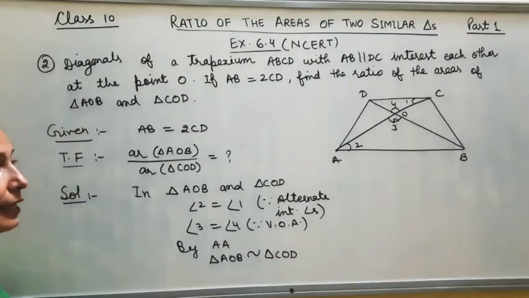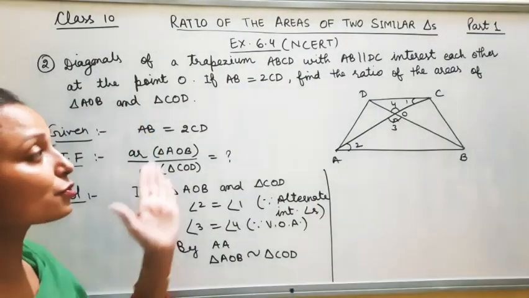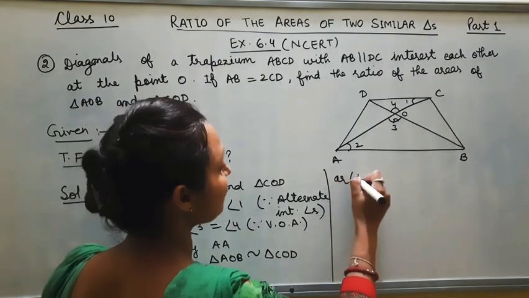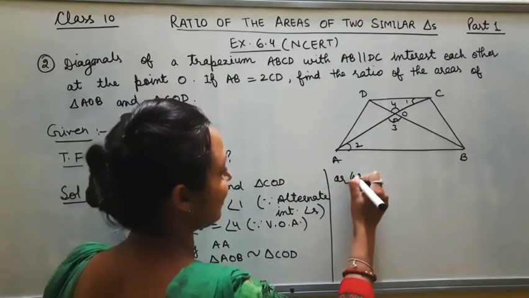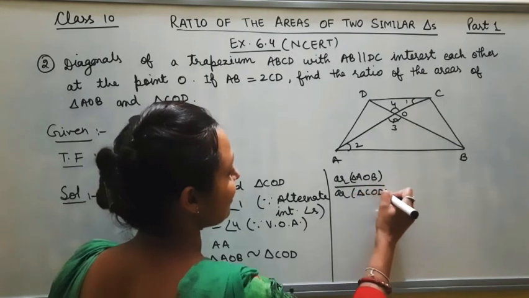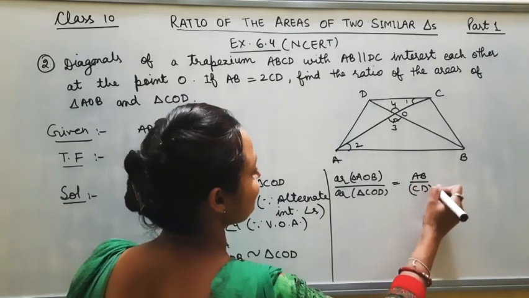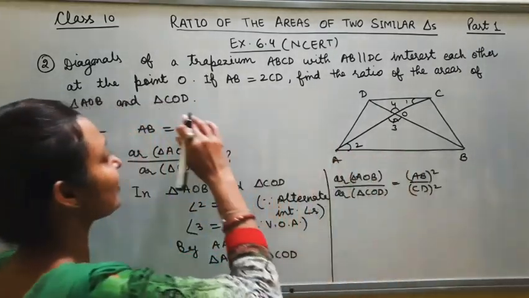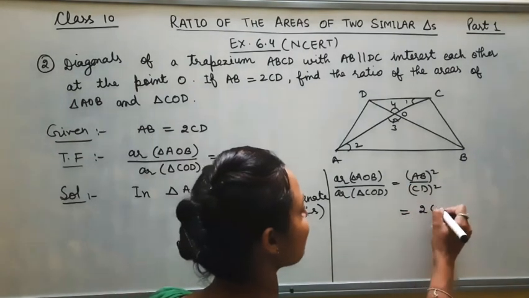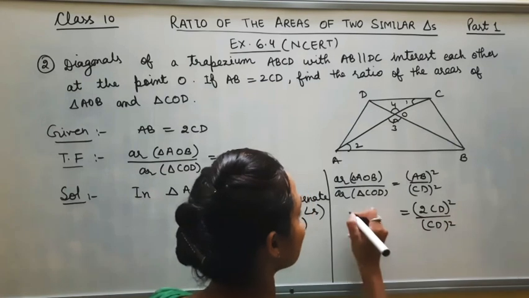Now taking the ratio of the areas is very simple.